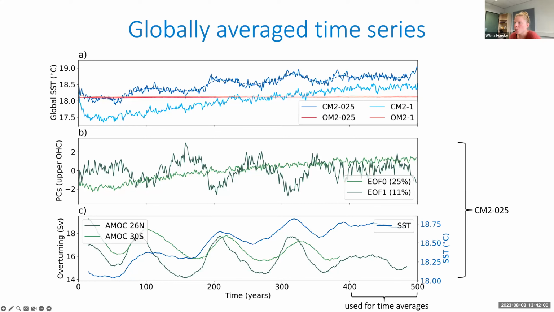And then the lighter blue is the AMOC just further south in the southern hemisphere, 30 south, which has the same pattern, just shifted a little bit by a few years to later. So I guess that makes sense because the source of this variability is from the northern Atlantic.